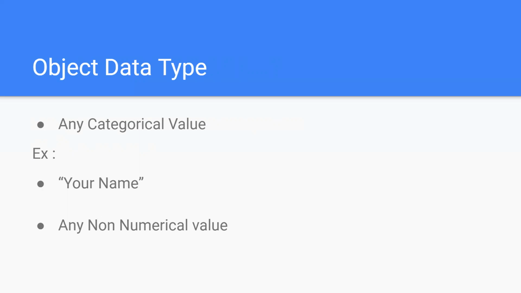Any non-numerical value comes under object data type. For example, the name data science, machine learning, or your name, or my name, or whatever it is. Any string, any non-numerical value, you can consider it as an object type.